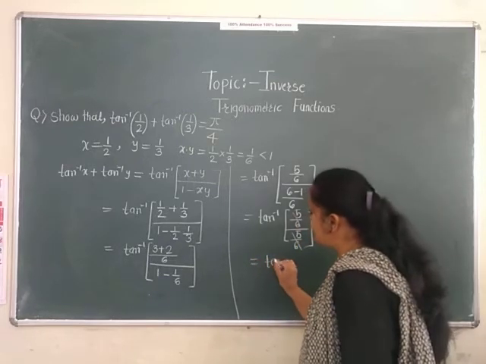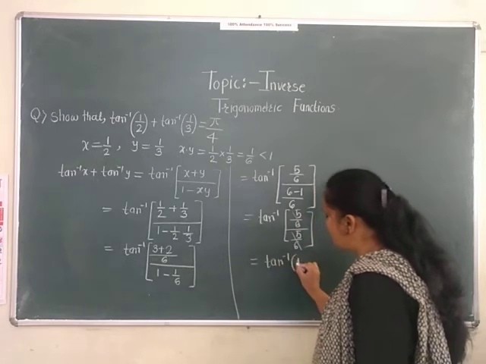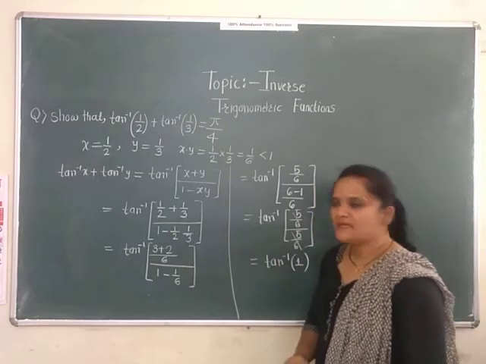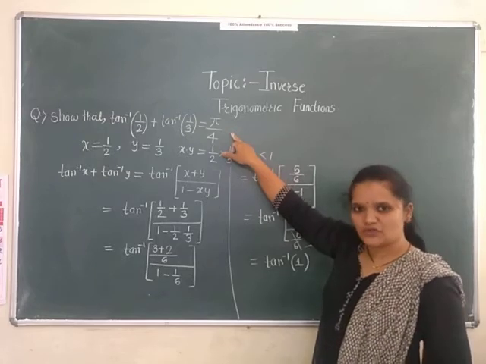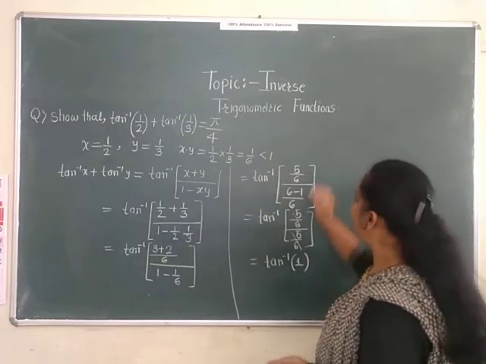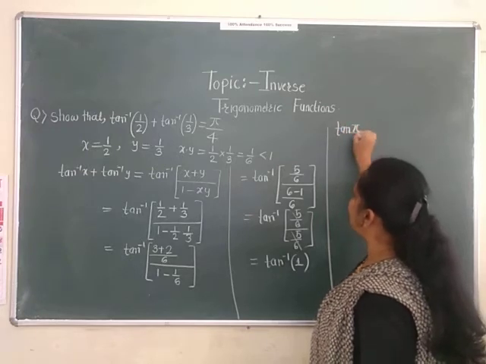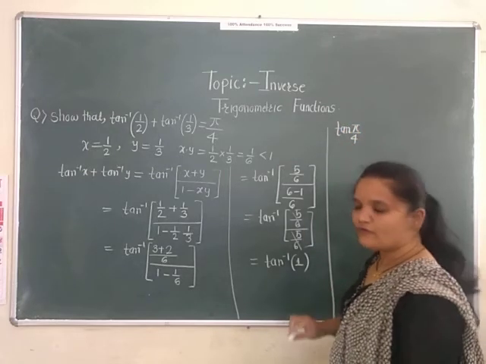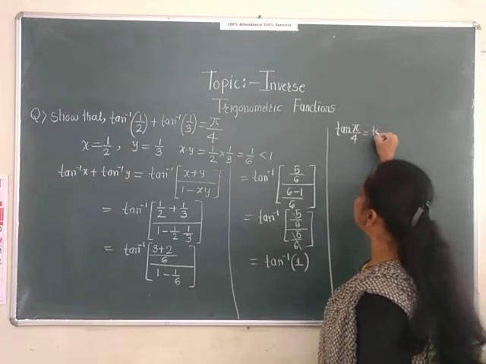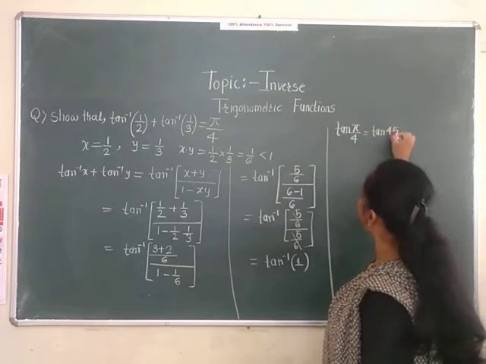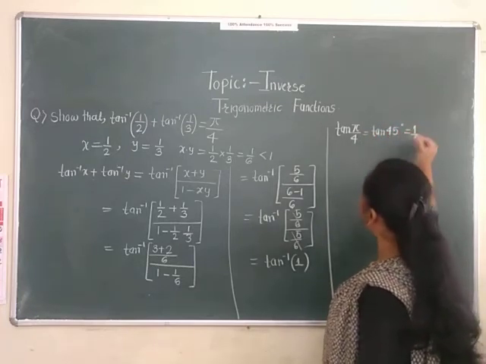So what we get here? Tan inverse of 1. But our required answer says it should be pi by 4. So we know that tan pi by 4. Tan pi by 4 means what? Tan of 45 degrees. It is nothing but tan of 45 degrees is equals to क्या होता है? 1.